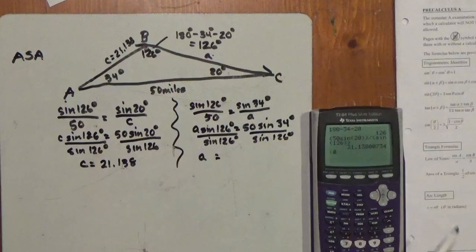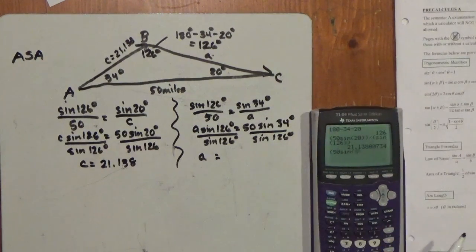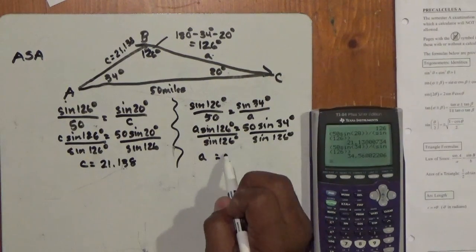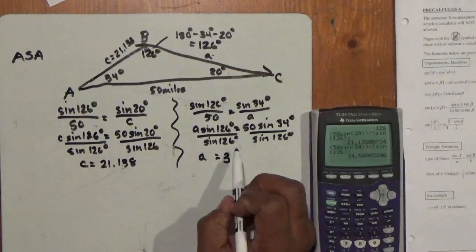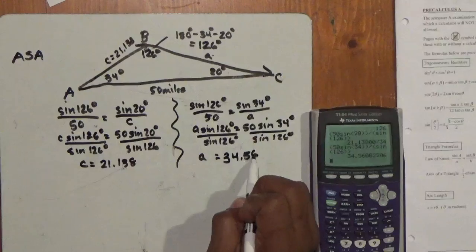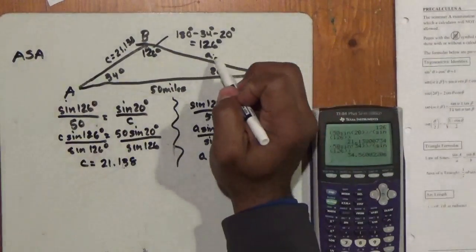Let's type that in. And that lets us know that A is 34.560.